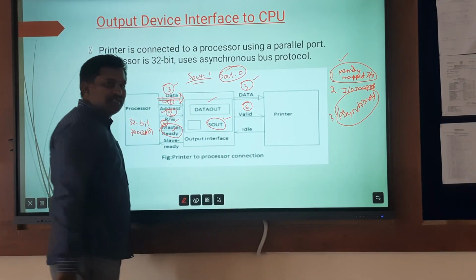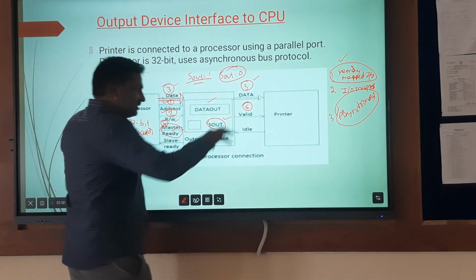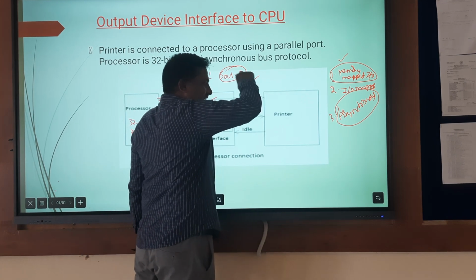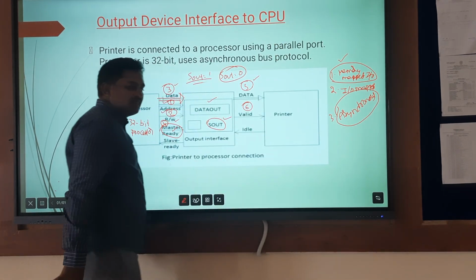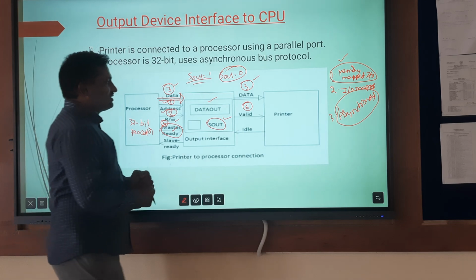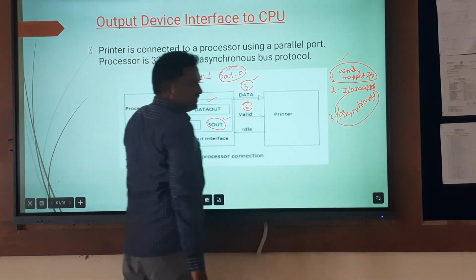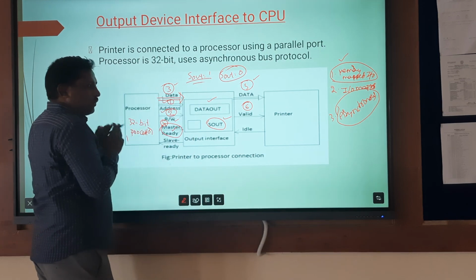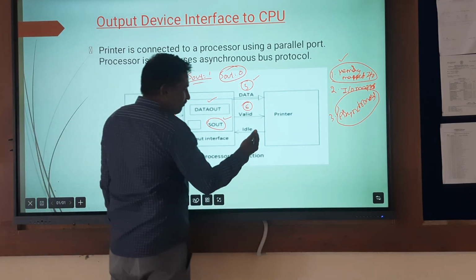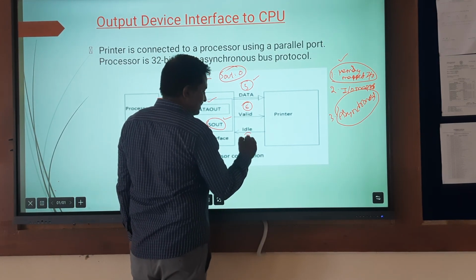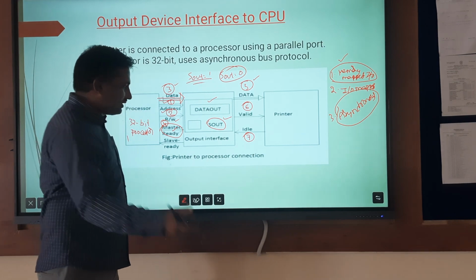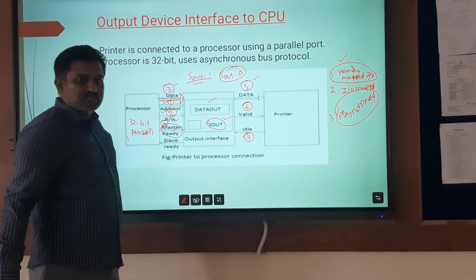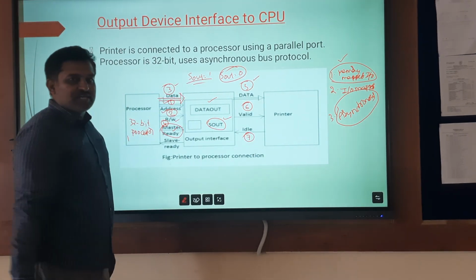Once it is valid data, the printer grabs the data from the data bus and it will be displayed on the printer. Once the data is displayed on the printer, the printer informs the processor with the help of the idle signal. This is the seventh one. First, the printer informs the interface circuit with the idle signal.